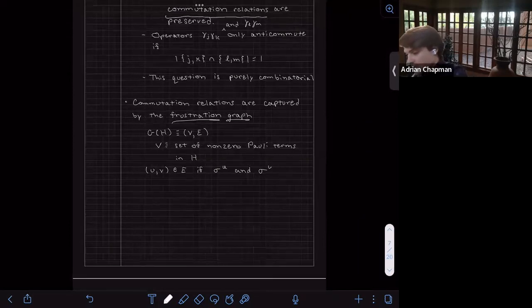So for example, let's look at the XY model in a transverse field on 4 qubits. For the frustration graph, note that the frustration graph forgets about the coupling coefficients in front of the Hamiltonian terms.